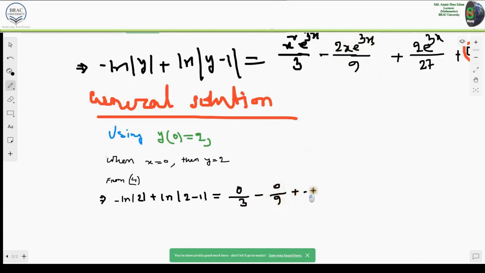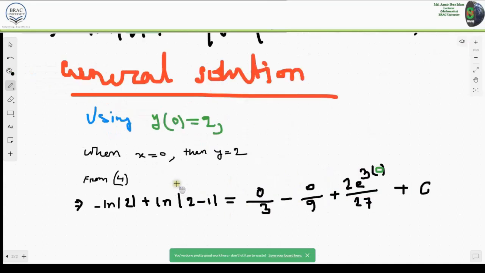But in the third part we have 2 e to the power 3 times 0, that means e to the power 0, over 27 plus the constant C.